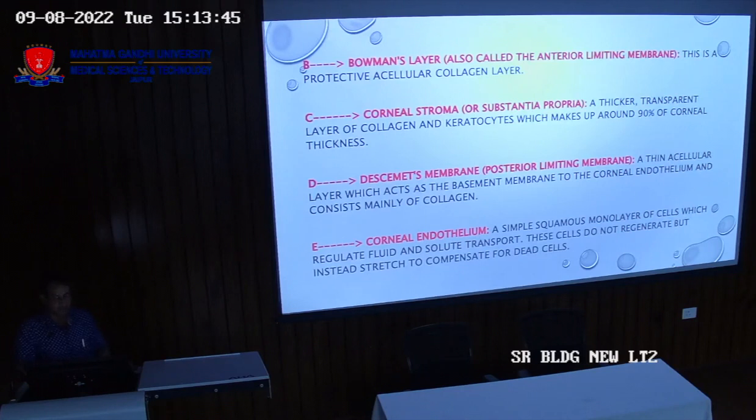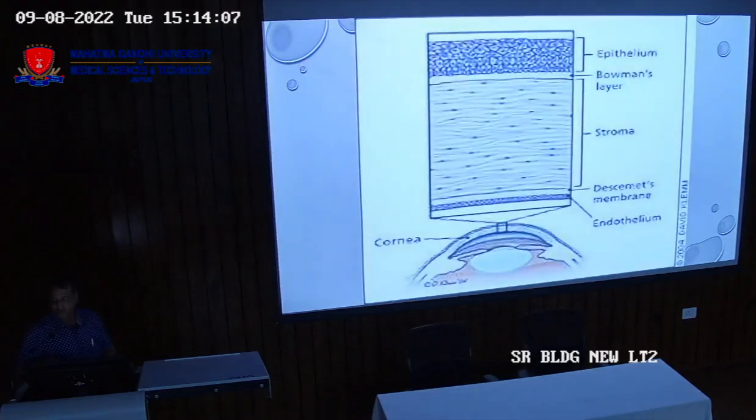So this is the most important layer of the cornea, the endothelium, which is damaged during intraocular surgeries like cataract, glaucoma or other intraocular surgeries. We can damage this layer which never regenerates. There are 2 layers of the cornea which never regenerate. One is the endothelium and second is the Bowman's membrane.